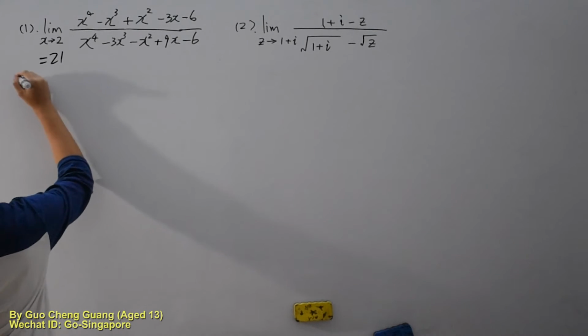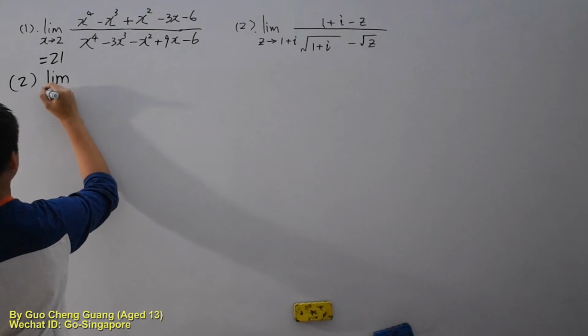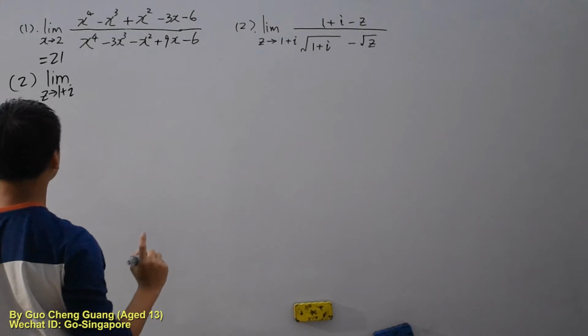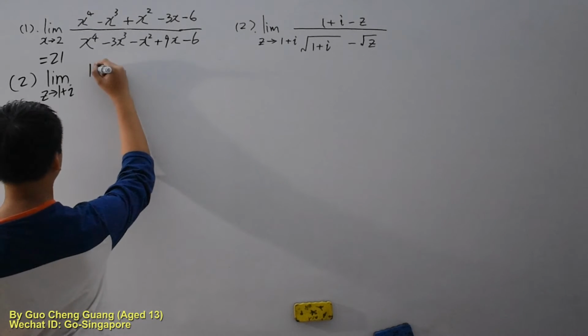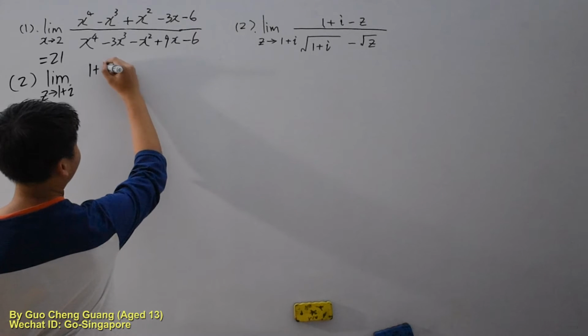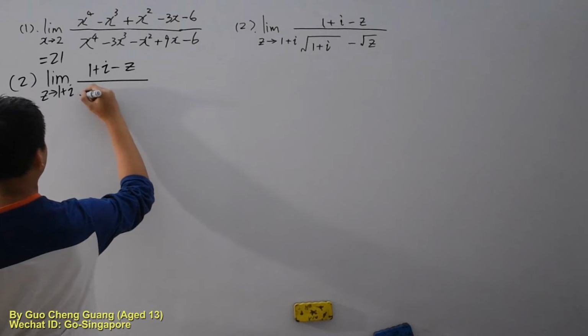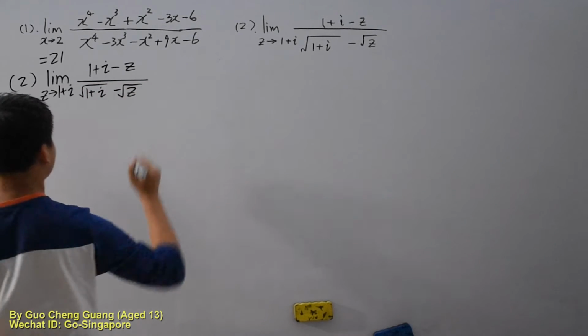And now for the second example that we have here, which is the limit as z approaches 1 plus i. And beware, i over here is the imaginary number, which is square root of negative 1. And from this part, 1 plus i minus z over square root of 1 plus i minus square root of z.